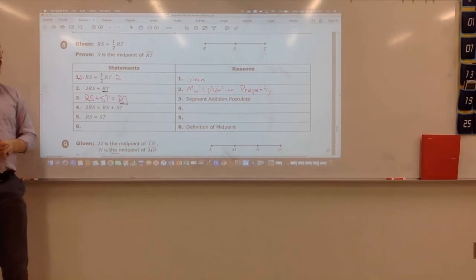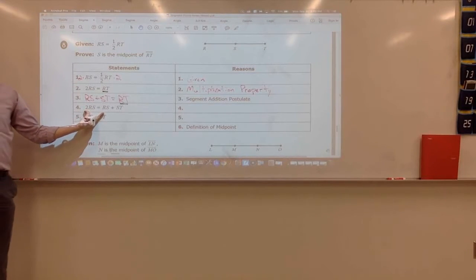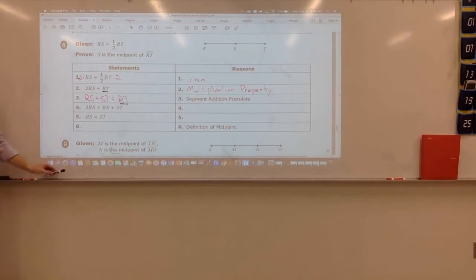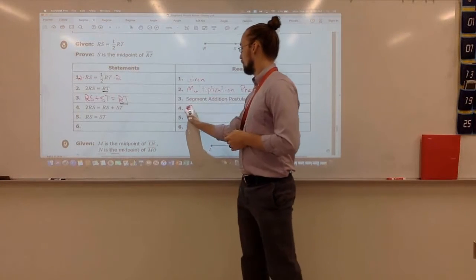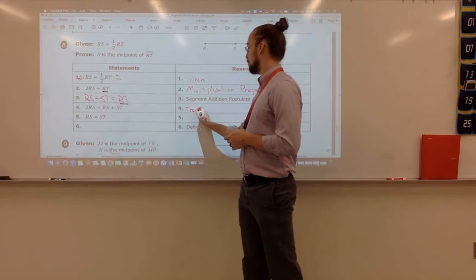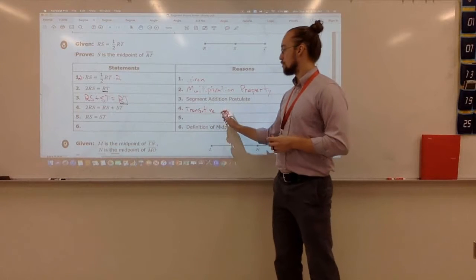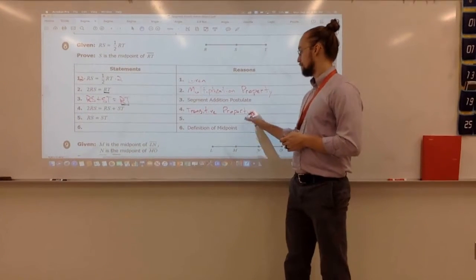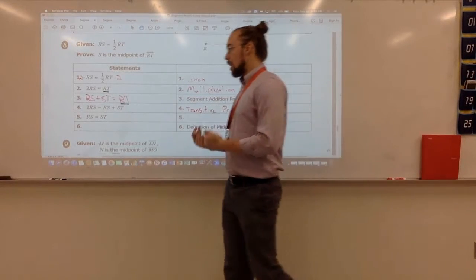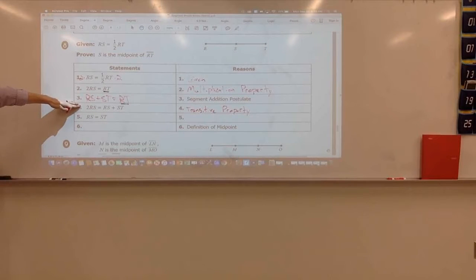They're both equal to RT. So then in line 4, we claim those two things are equal to each other. That would be the transitive property. Whenever we see two different things equal to the same thing, and then we claim that those things are equal to each other, that's the transitive property. Well, now, how can I go from 2RS equals RS plus ST to just RS equals ST?